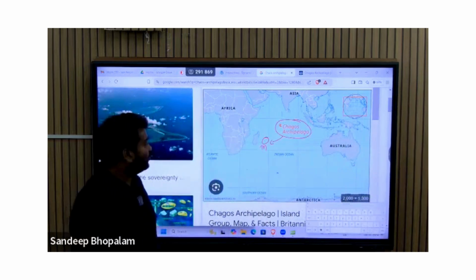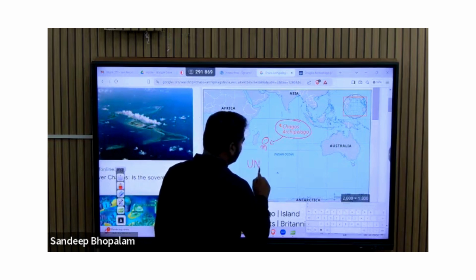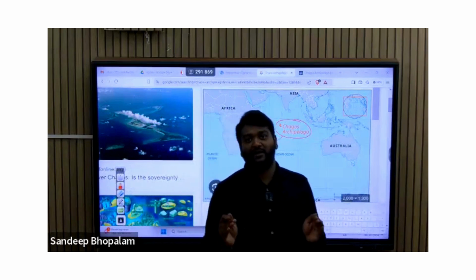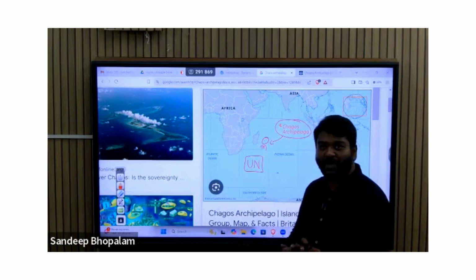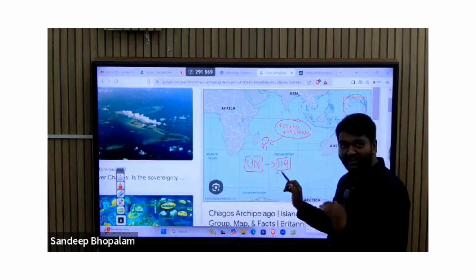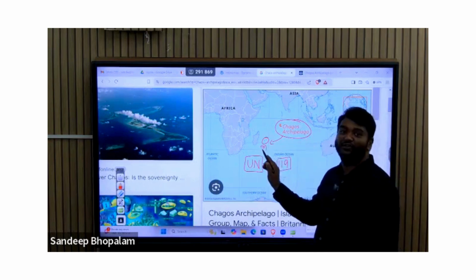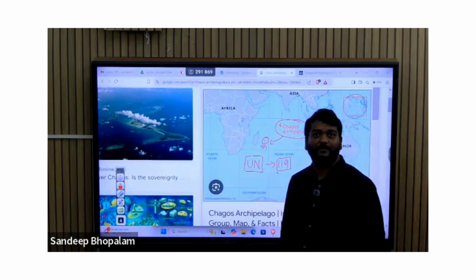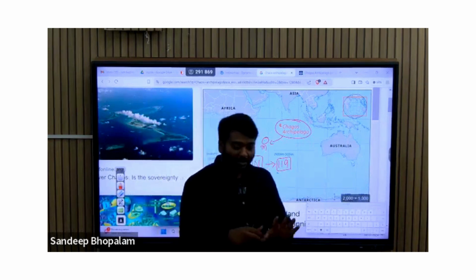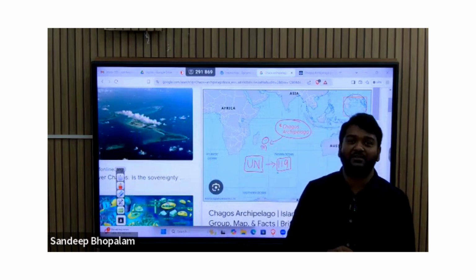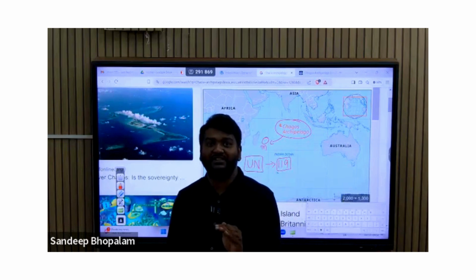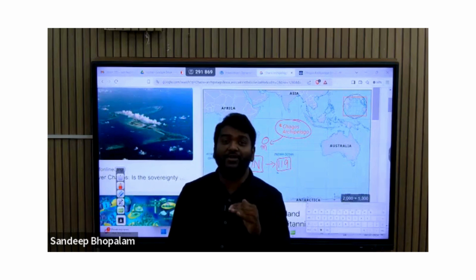UK did not accept. UK went to the United Nations. In the United Nations, a non-binding resolution was introduced, where almost 119 countries said, Chagos Archipelago belongs to Mauritius, UK should transfer. So ICJ said Chagos belongs to Mauritius, UN said Chagos belongs to Mauritius, and UK came to India. UK asked India, Mauritius normally listens to you. They like you a lot.